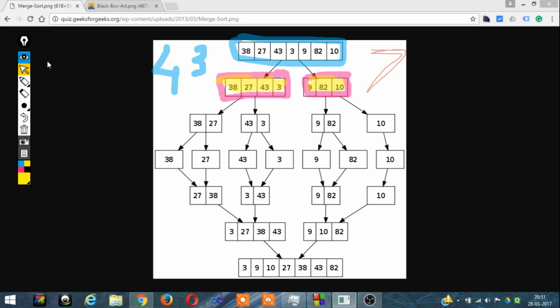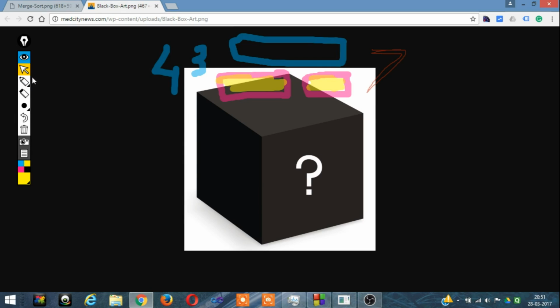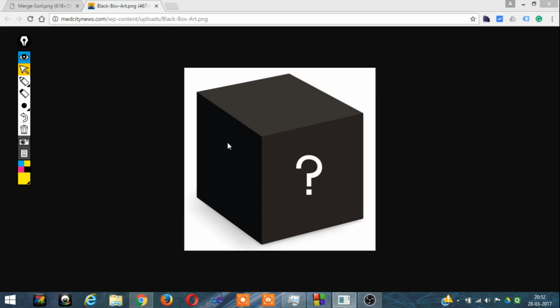I have pulled up an image of a black box from Google. You put in some input and it gives you some output.